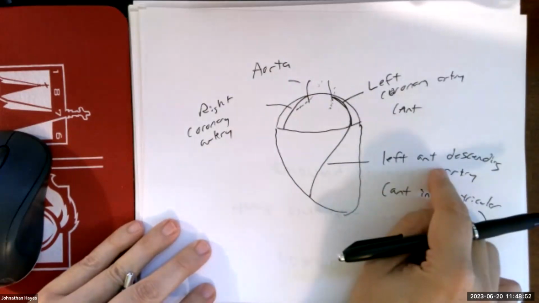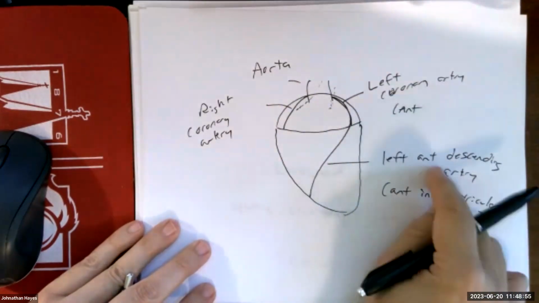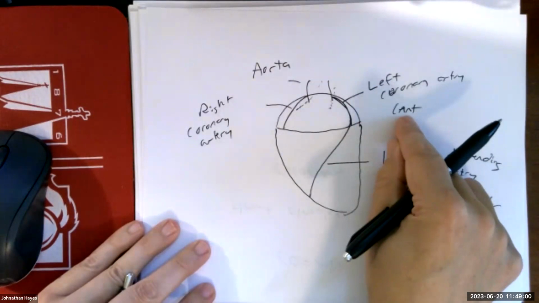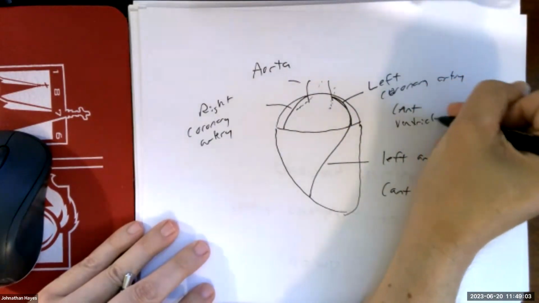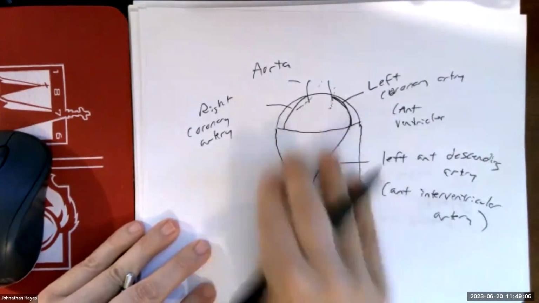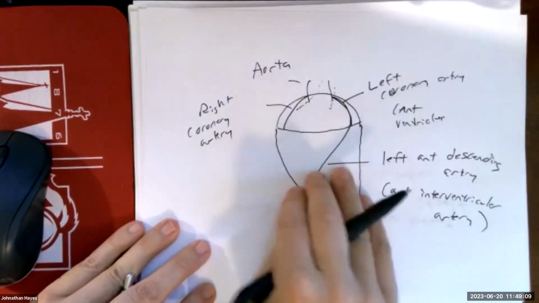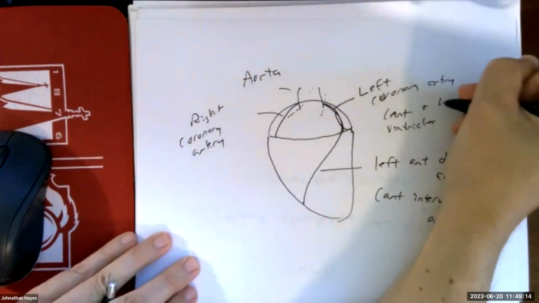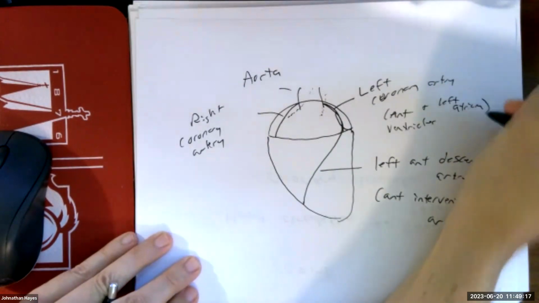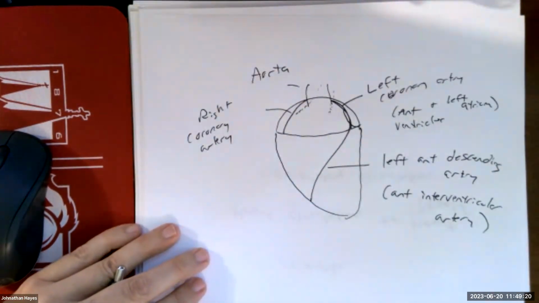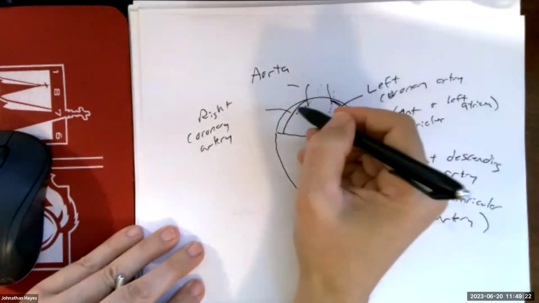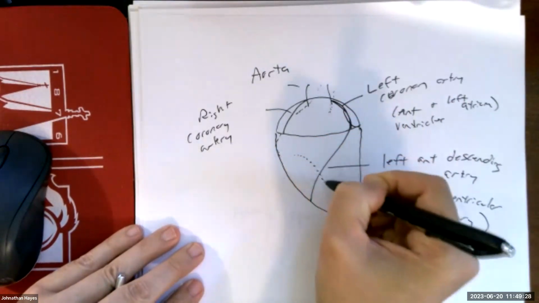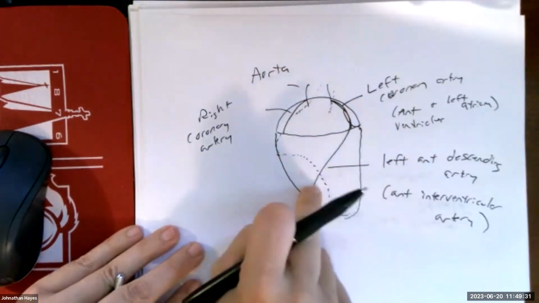But your main division of the left coronary artery is the left anterior descending artery. So your left coronary artery is primarily responsible for the anterior ventricles, which is the majority of the heart, right? The anterior side of the ventricles, and the left atrium, okay? While your right coronary artery, its main branch is going to circle around the back side of the heart, and then descend in between the two ventricles on the posterior aspect.